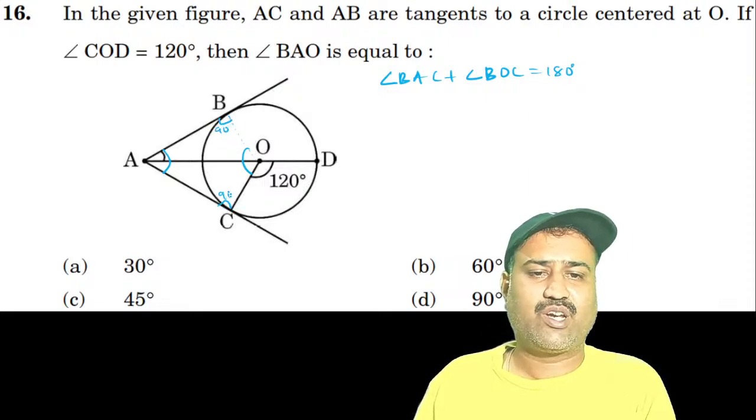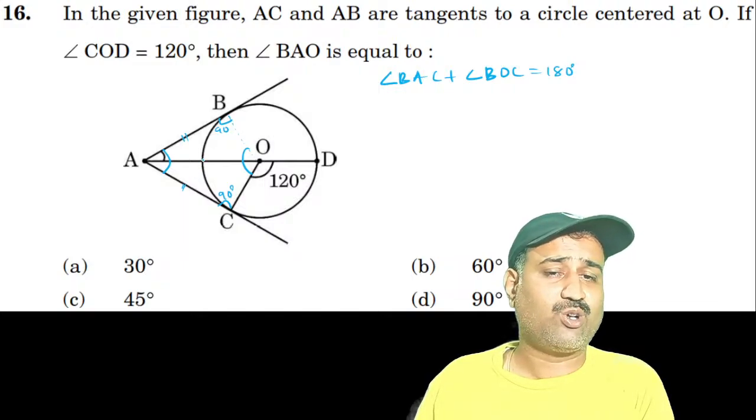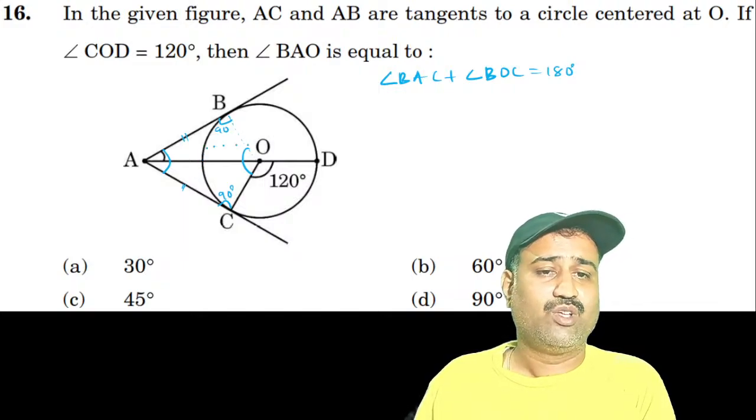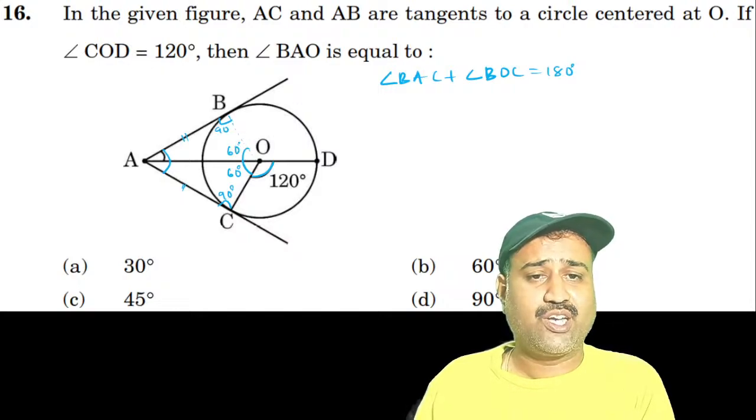They are supplementary. Now these two triangles are congruent by the RHS congruence rule. You already saw it in the theorem. Therefore, if this angle is 120, this angle should be 60 degrees. Therefore, this angle should also be 60 degrees. Total angle is 120. That is, BOC is 120.